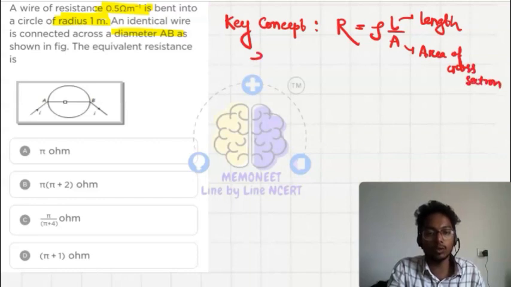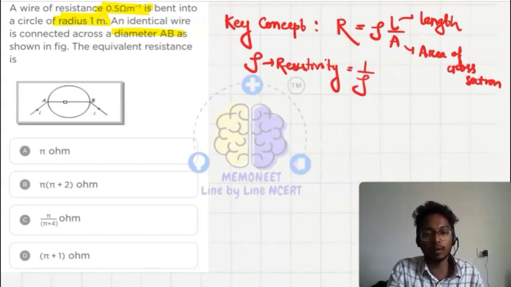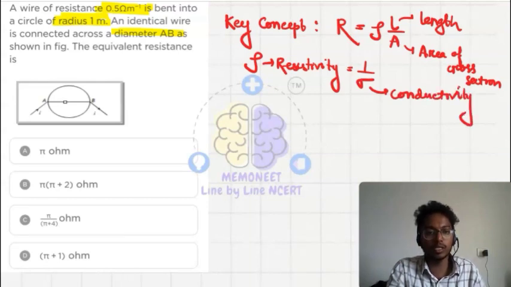And we know that rho is the resistivity, which is equal to 1 upon sigma, where sigma is the conductivity. Okay, so let's see this question here.